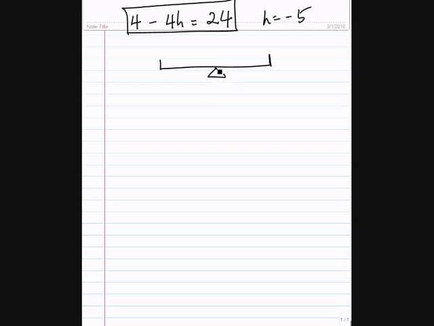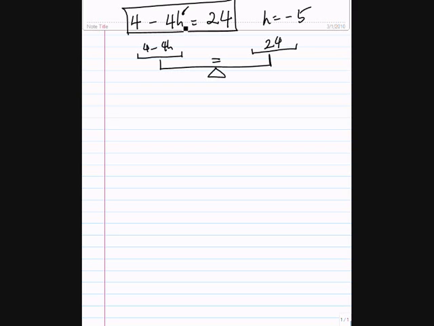To solve the equations means we need to find a solution for the unknown variable, in this case h. We need to find the right value for the variable so that the equation on the left hand side and the right hand side can balance.